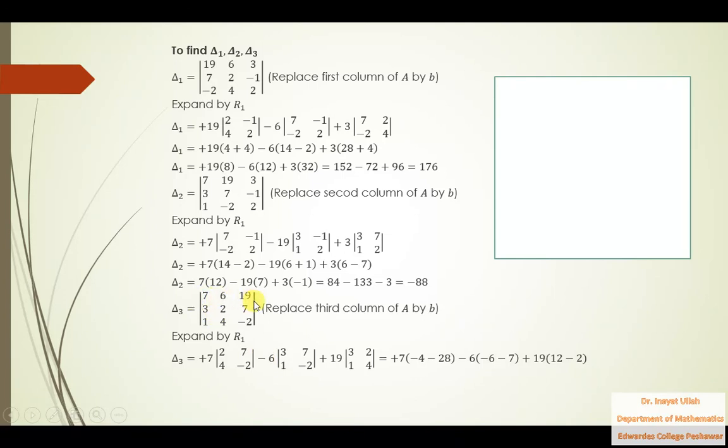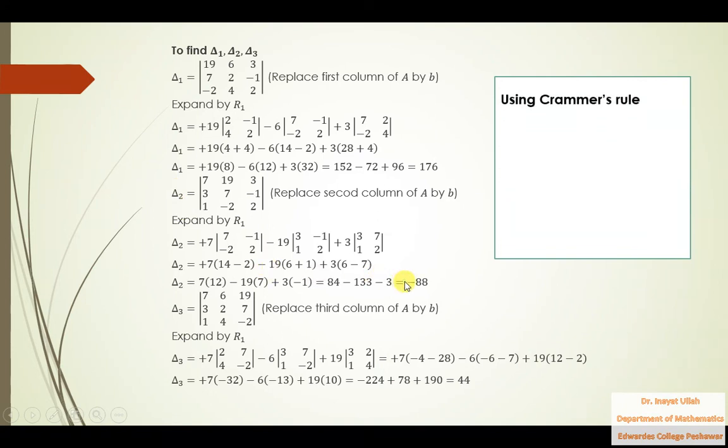Excluding 6, we are left with 3, 7, 1, minus 2, and excluding 19, we are left with 3, 2, 1 and 4. Now expanding this determinant, 2 into minus 2 is minus 4, minus 4 into 2 is 28, and so on. So this is delta 3, which is 44. So we have obtained delta 1, delta 2 and delta 3.